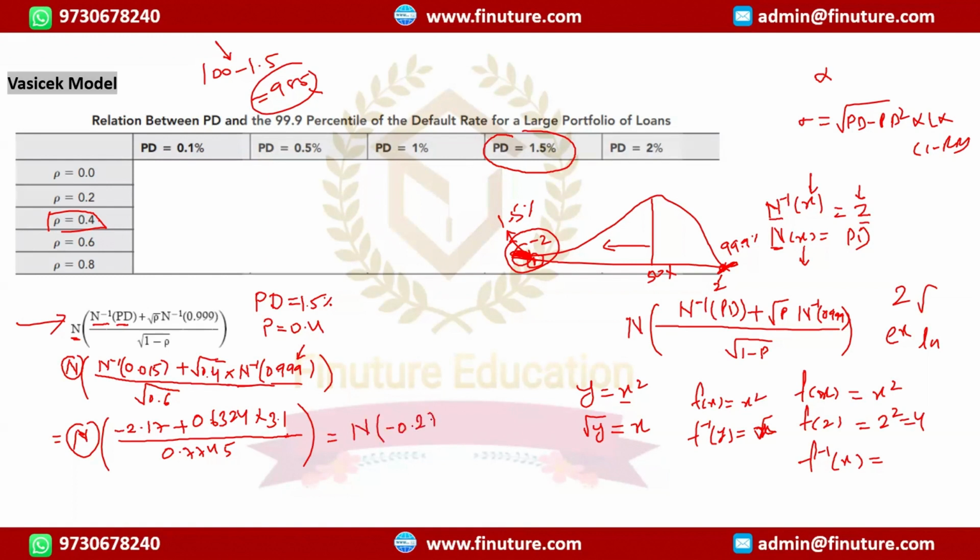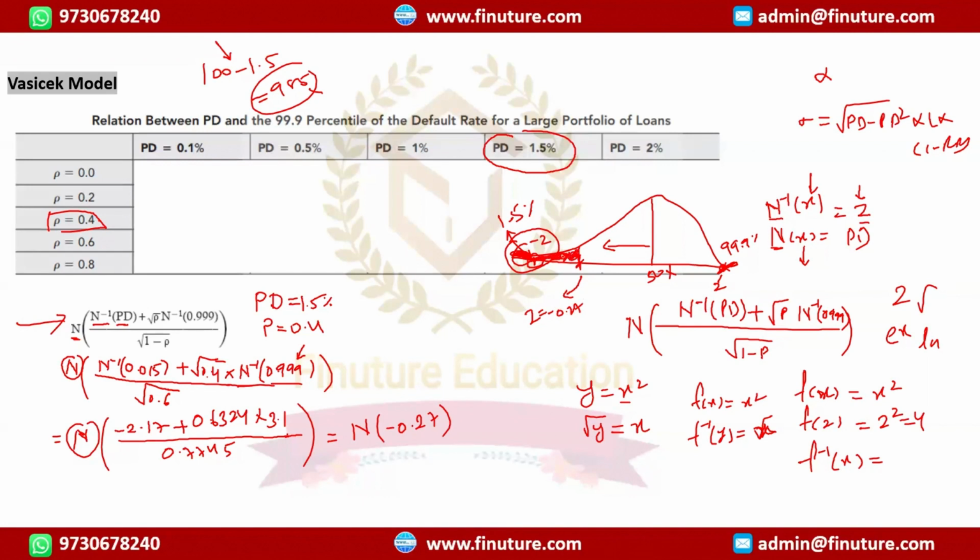Now, what is the probability where my z value is minus 0.27? Somewhere here, hypothetically, there would be some z value called minus 0.27.